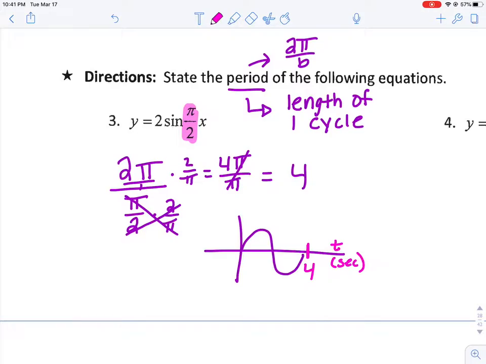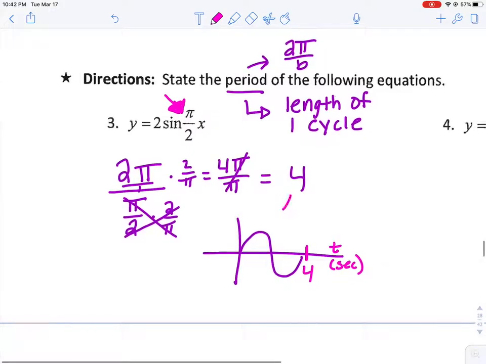Once we start getting into these applications of values that increase and decrease, like these sine and cosine functions, it's going to have to be an x-axis that has numerical values that do not have pi in it. It wouldn't make sense for something to complete something in 4 pi seconds. It makes more sense if it's just 4 seconds. So for these applications, our b value is going to have pi in it, and my period is not going to be in terms of pi.